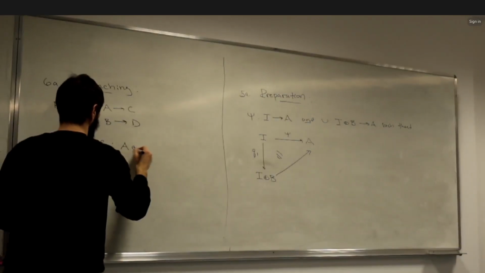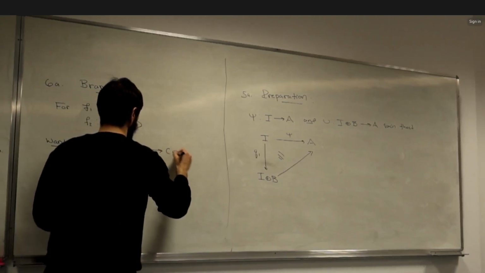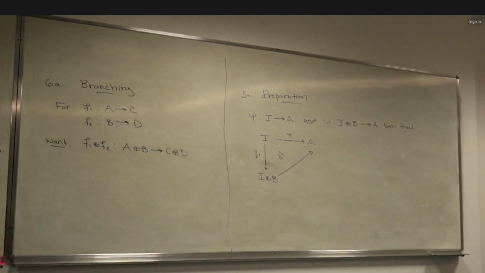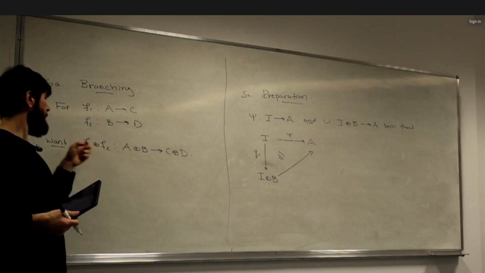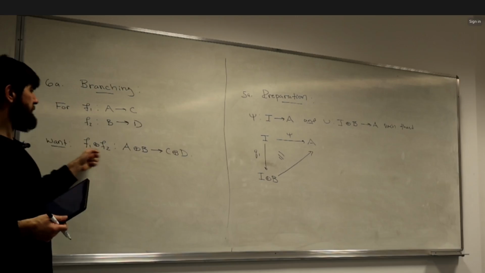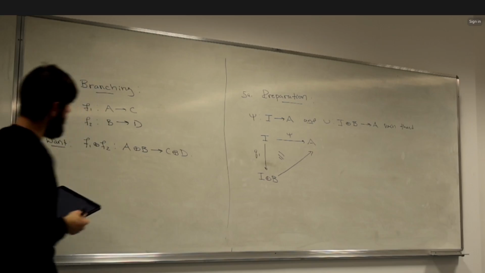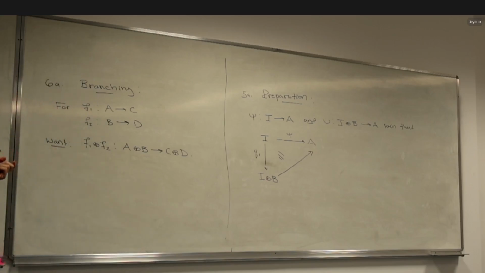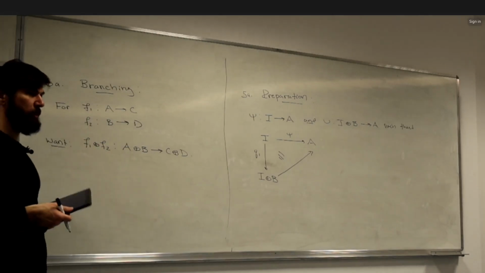F1 plus F2 should be a map from A plus B to C plus D, which is just to say that you want to be able to employ different morphisms on different branches. An example of this will show up in teleportation, where you actually want to apply a different unitary depending on which branch you're actually in.